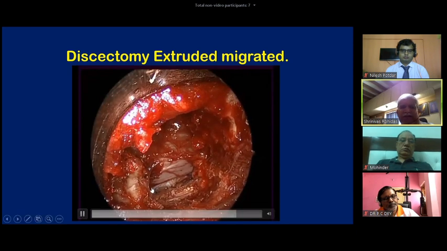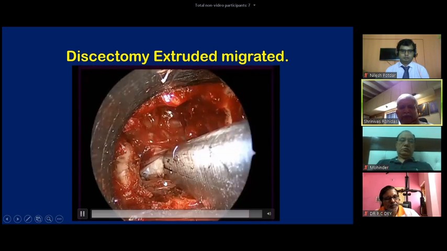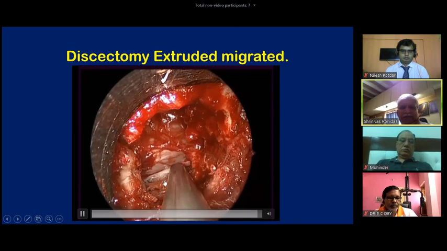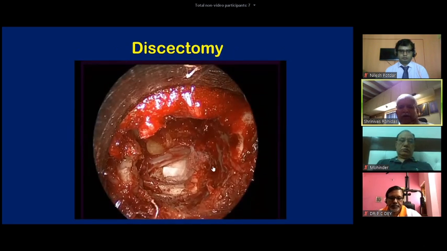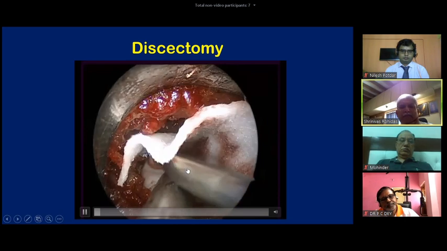And this is the lateral edge of the dura with the traversing root. You can appreciate the area from where the disc has extruded. Now we have used a cottonoid to retract the root medially.